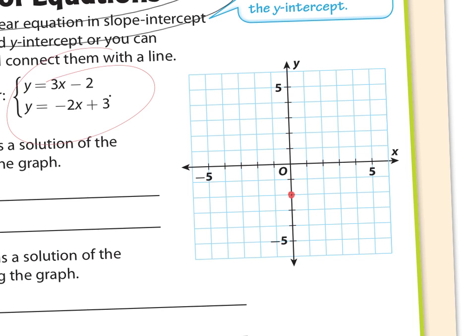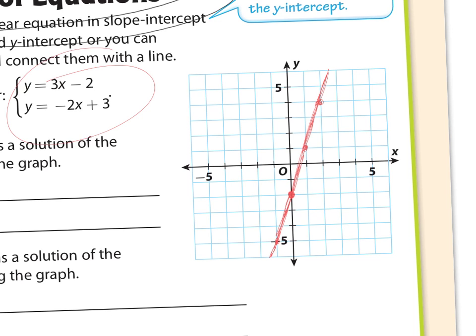My slope is 3, which means I'm going to go up 3 and over 1, up 3 and over 1. And all of these points are solutions to that equation, correct? When I connect those points, all the points that touch that line are solutions to that equation.